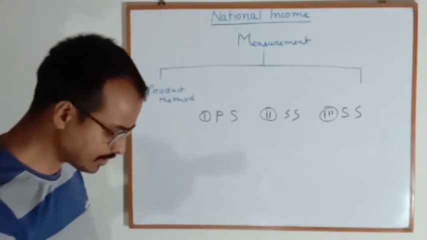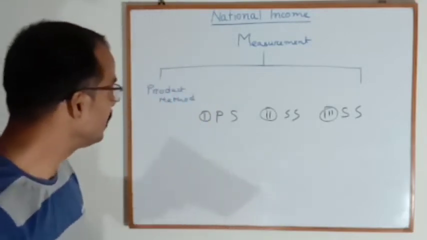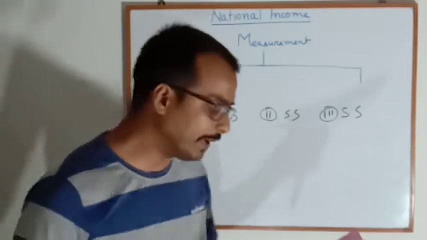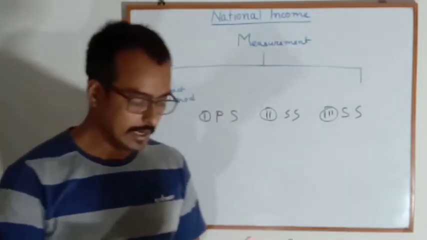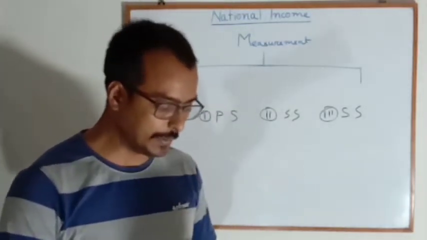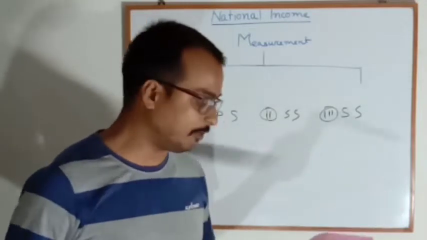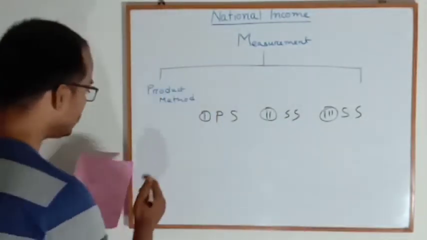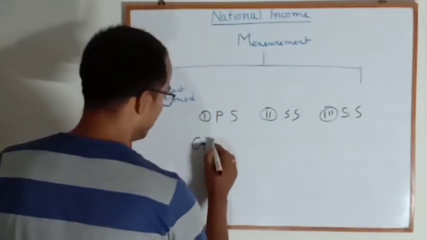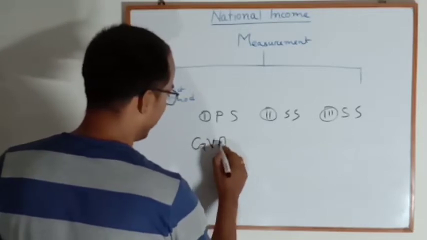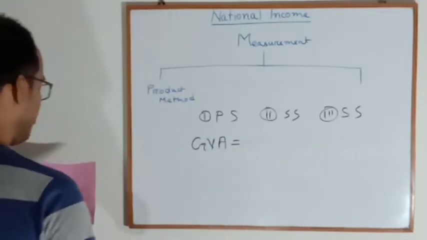Now, what is the next step? You have to find out the gross value added, which is computed by deducting the cost of intermediate goods for each sector. How?